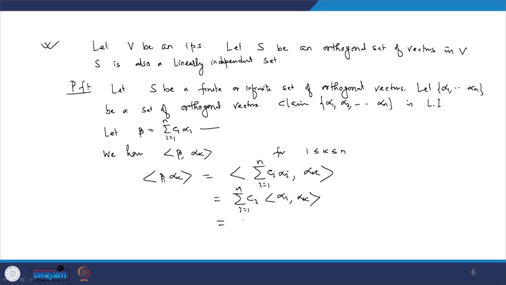This is equal to C 1 times the inner product of alpha 1 and alpha k, plus C 2 times the inner product of alpha 2 and alpha k, plus so on, up to C n times the inner product of alpha n and alpha k. So, all are 0, and only C k times the inner product of alpha k with itself remains, because the alpha I are orthogonal vectors.